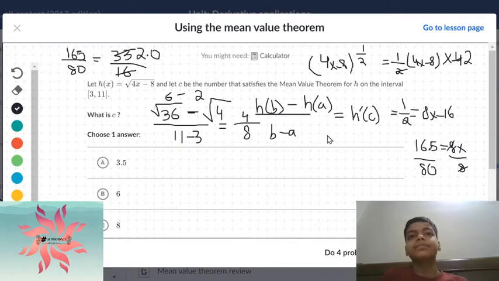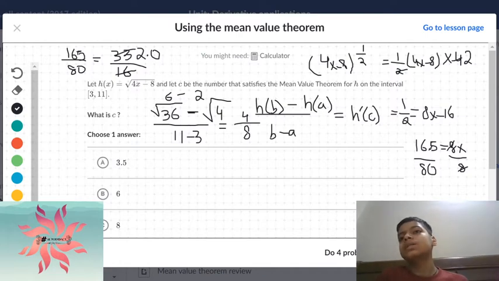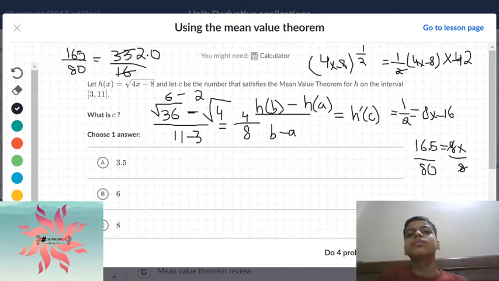Let's think more. 1/2 is equal to 4 times 2 times this, 8x minus 16. 16.5 is equal to 8x. Divide both sides by 8, then it will be 16.5 divided by 8.